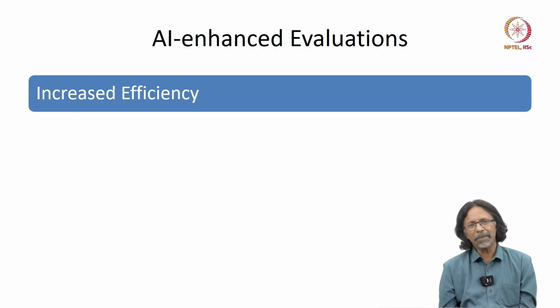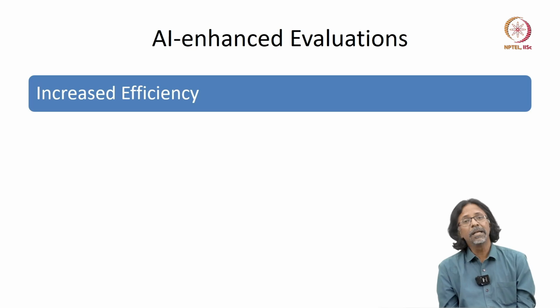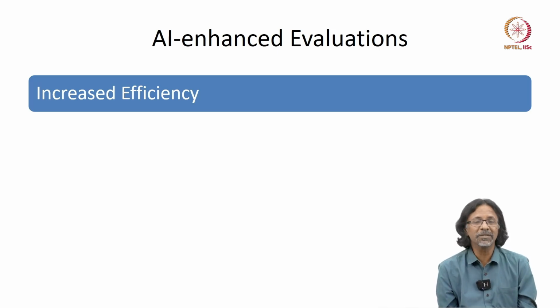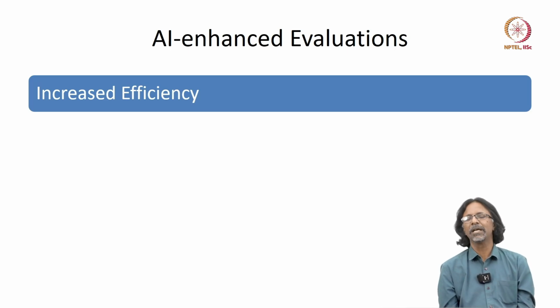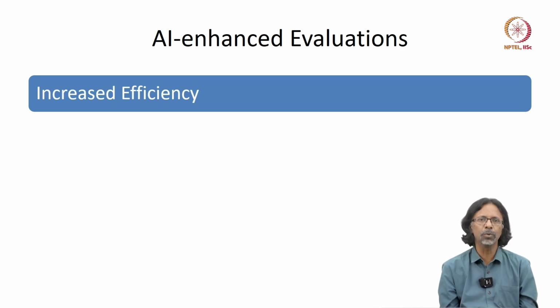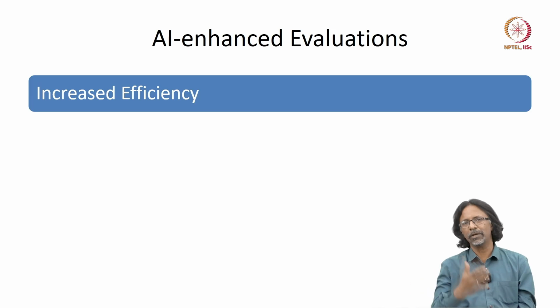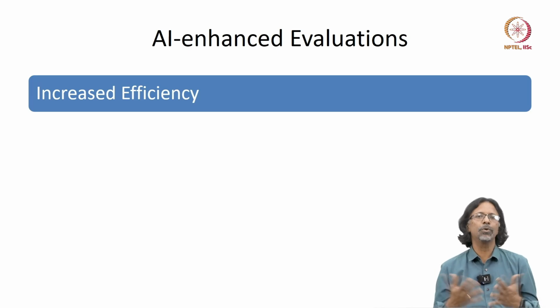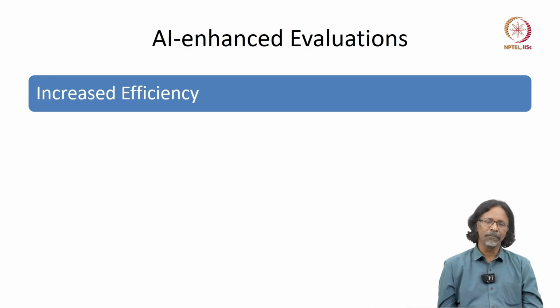Selection type items are easily evaluatable, but we already know that not all examinations and assessments can be based on selection type questions. In other words, we cannot rely purely on MCQs in a given course. We do want to give descriptive questions, because if I want to move beyond remember, I want them to understand, and then show how to apply some of the concepts they have learned. Then we have to go beyond MCQs.